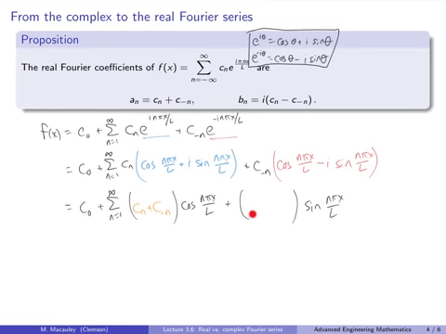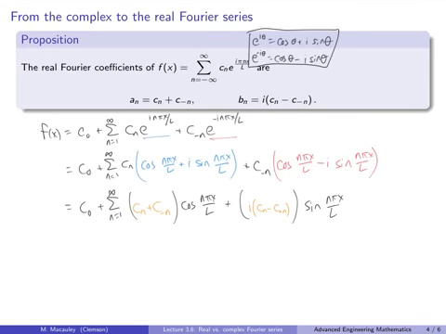So now what goes here? Here we have, how many sines do we have? We have cn times i, and here we have c negative n times negative i. So this is just i times cn minus c negative n. And that's exactly what we have up here.